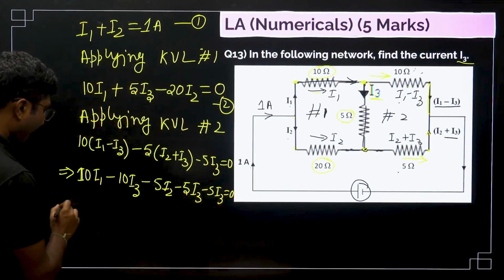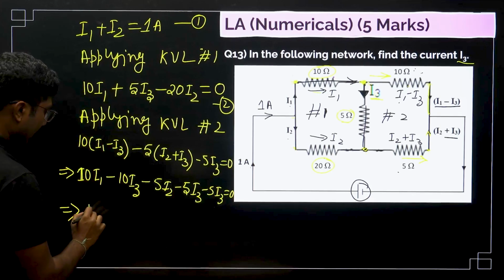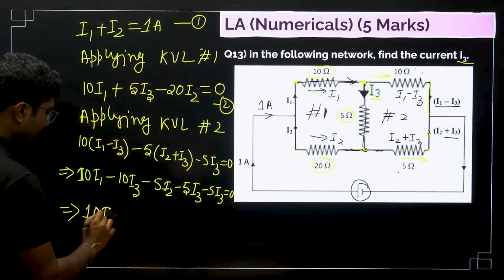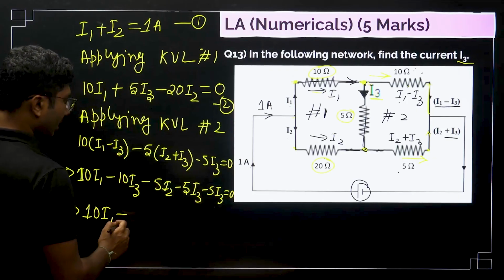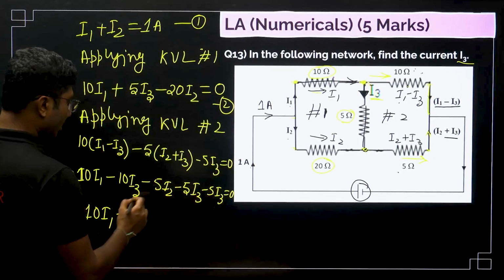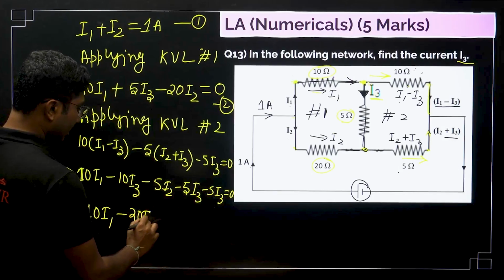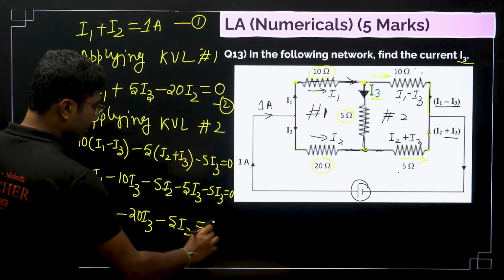So it will be 10 I1. Now if you are good at solving variable based questions, then it should be very easy for you. 20 I3 minus 5 I2 equals 0.